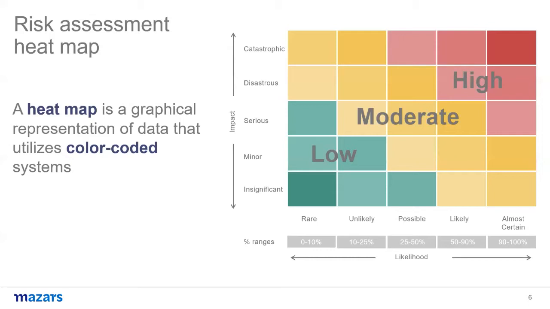So you'll see here the map provides a two-dimensional representation of risk. So you have impact plotted against likelihood. The vertical y-axis represents the potential impact or consequence that the risk might have on the enterprise. And the risk is measured from insignificant to catastrophic impact.